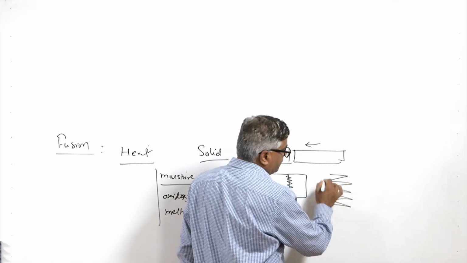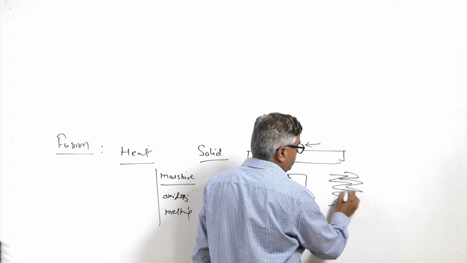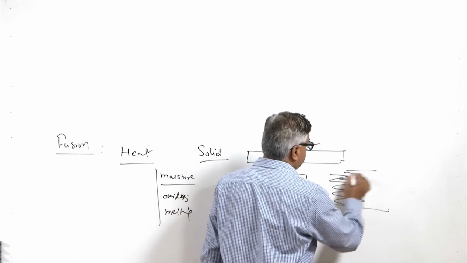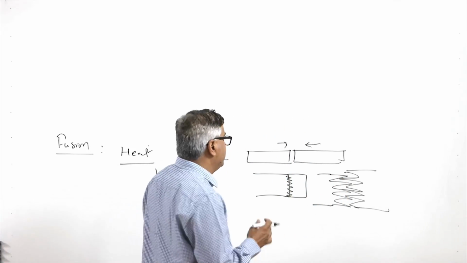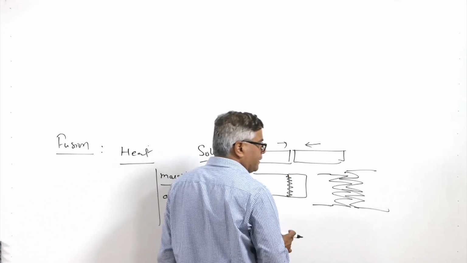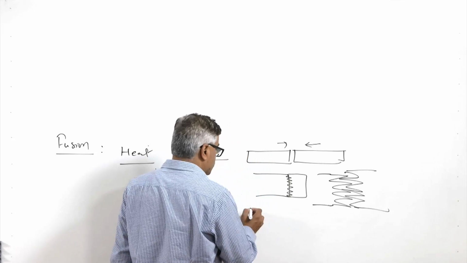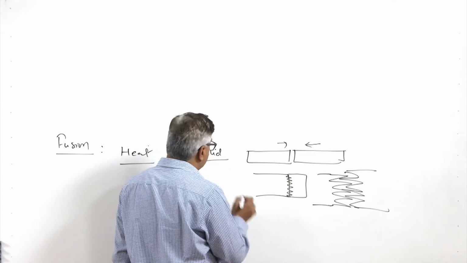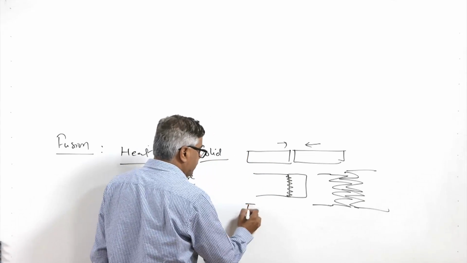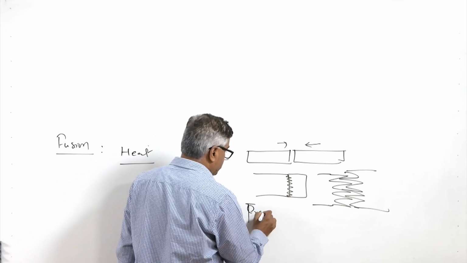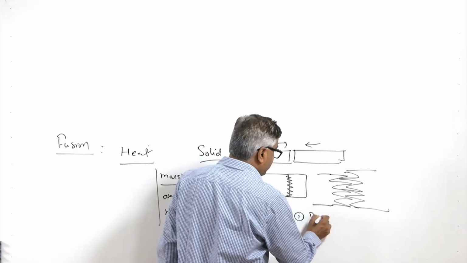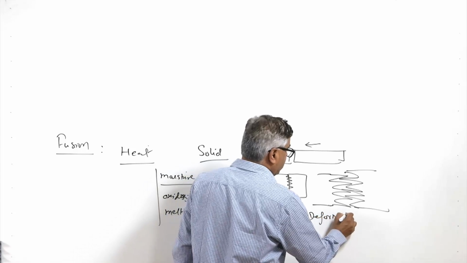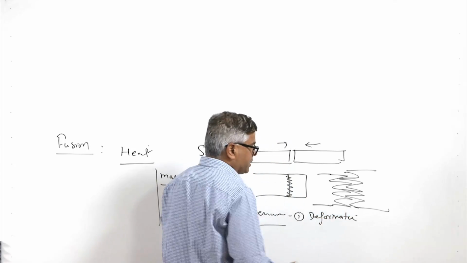So, peaks and valleys from both the sides will be getting deformed at the interface and will be leading to the complete metallic intimacy. So, the role of the pressure here basically involves the use of force or pressure, so that the required deformation, whether it is micro level or macro level deformation, can be achieved.